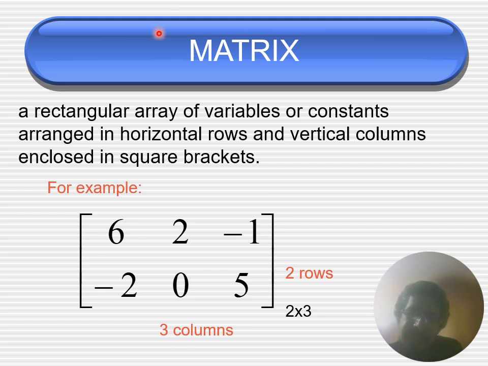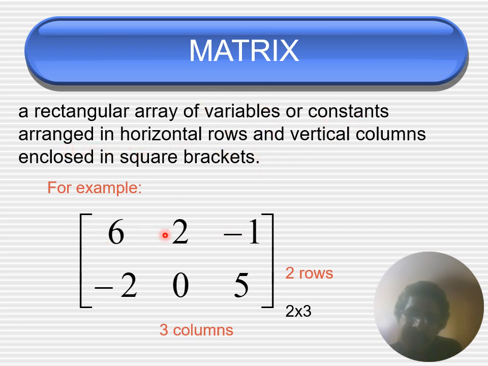What is a matrix? A matrix is a rectangular array of variables or constants. So the matrix can contain variables like x, y, a, b, c, and so on, or constants like 6, 2, 0, minus 2, and so on. These elements are arranged in horizontal rows, as we can see in this matrix here.